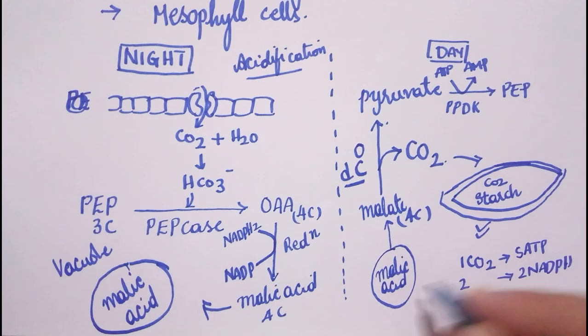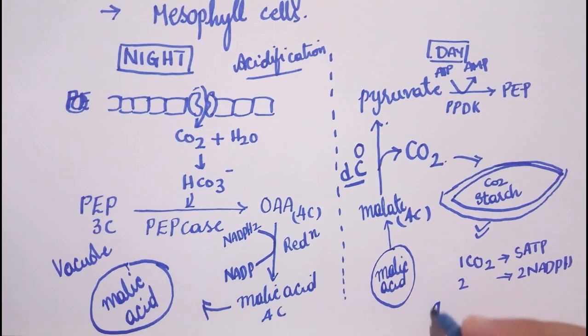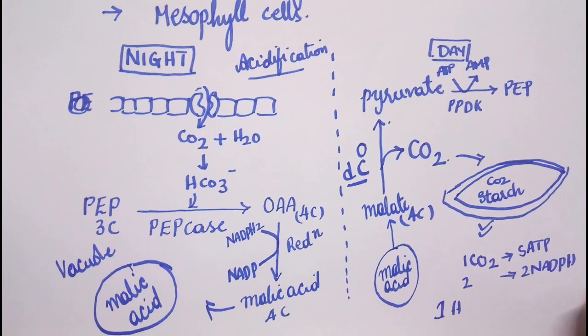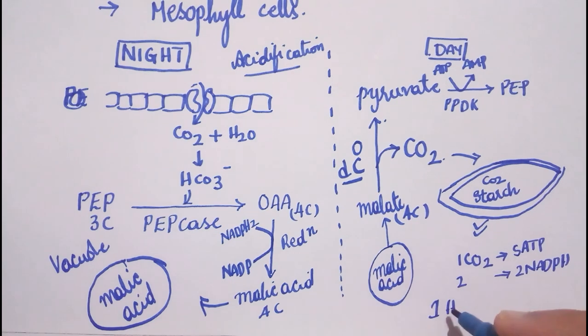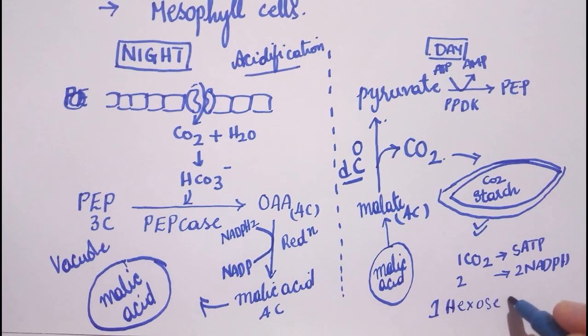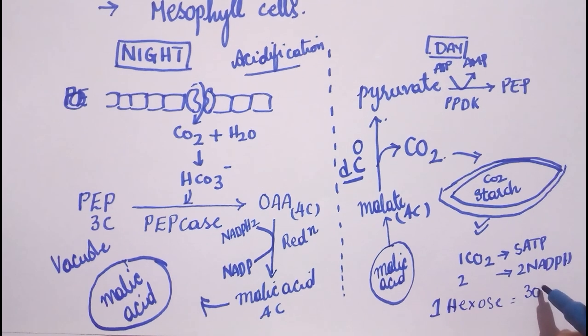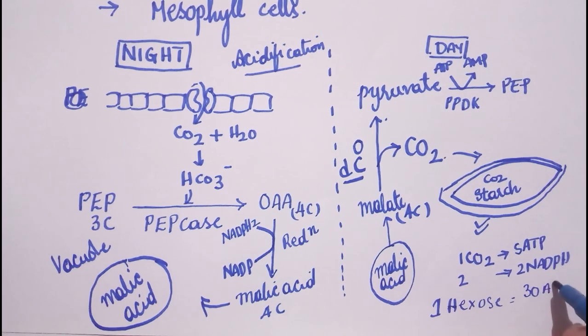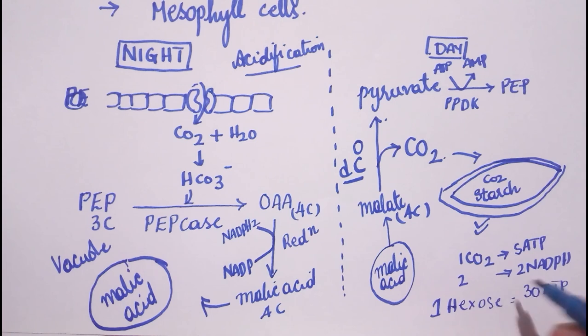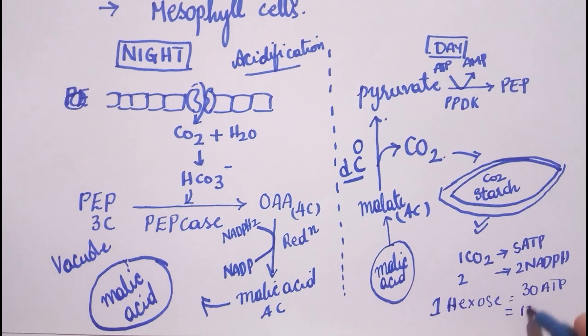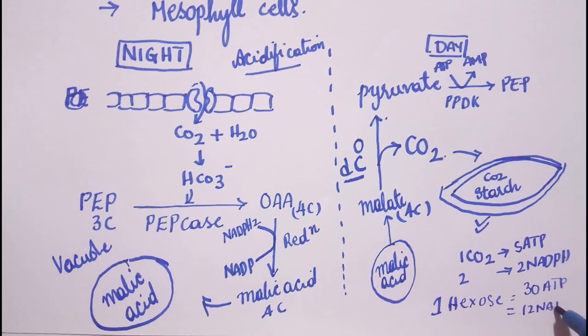So for fixing one sugar or one hexose, how many are required here? The same number, that is 30 ATP and 6 2s are 12 NADPH. So remember this.